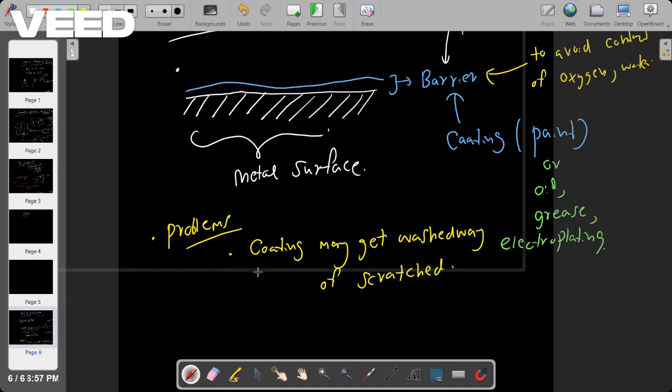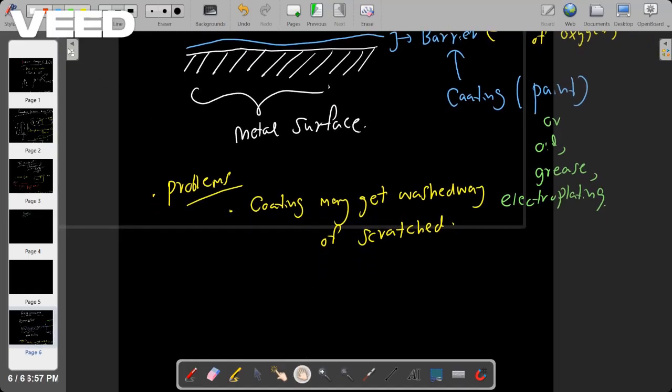If the coating is getting washed away or scratched, what will happen? Even with the paint coating, from inside, the metal may continue to corrode.